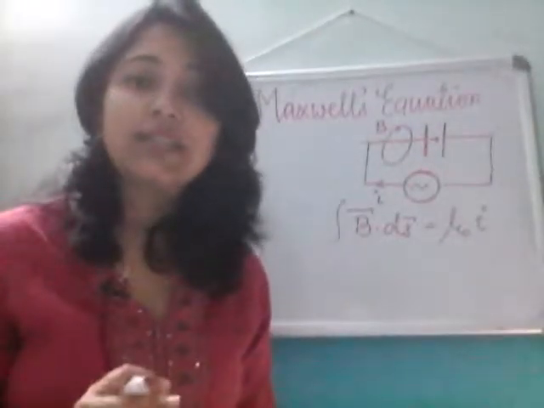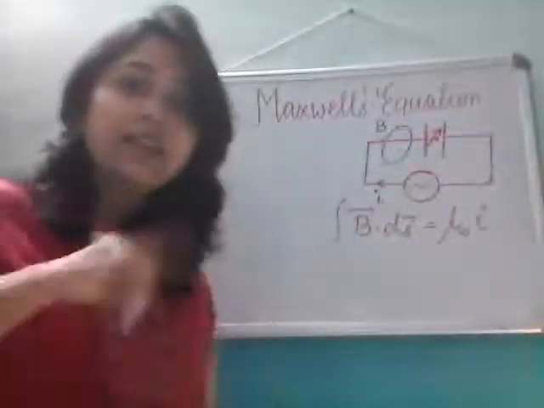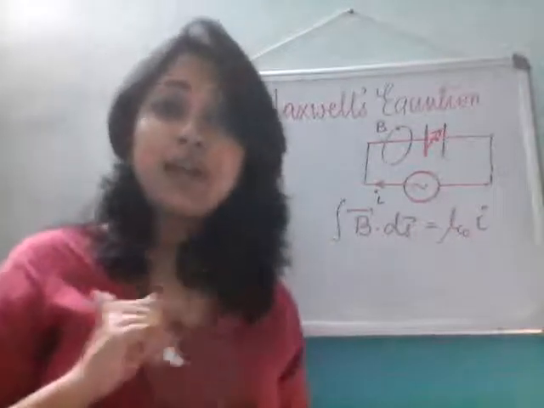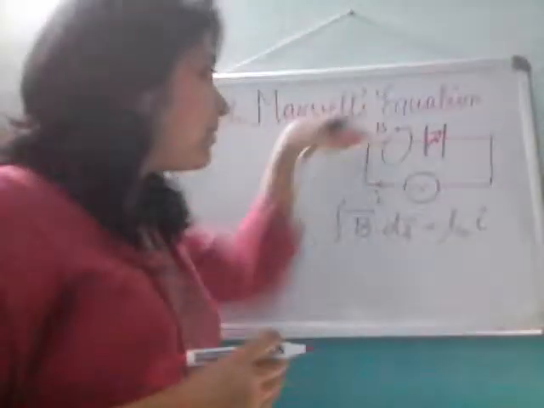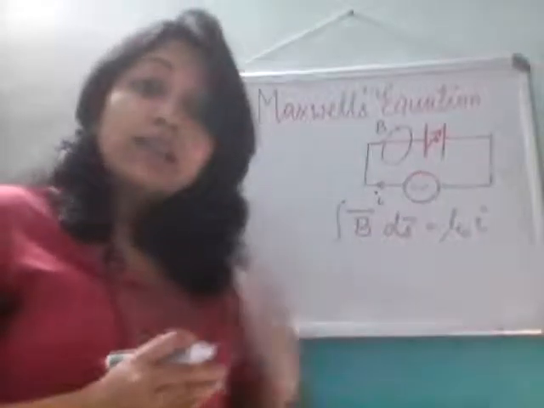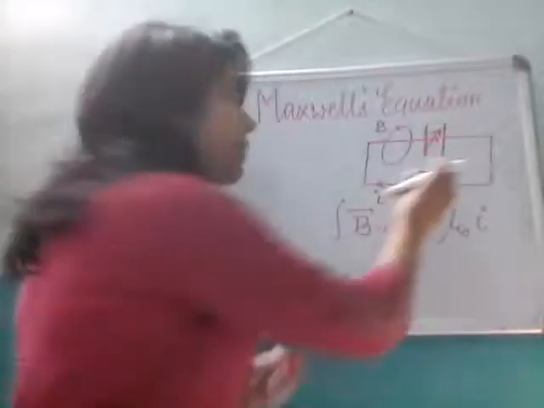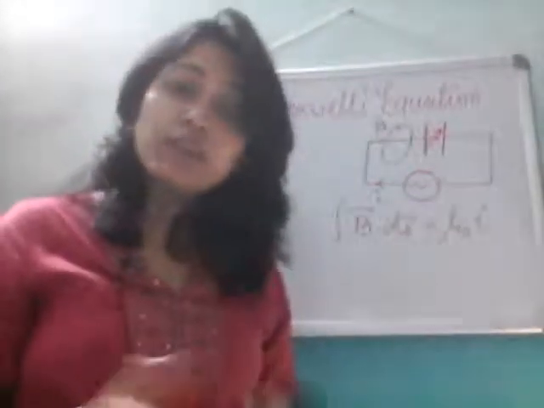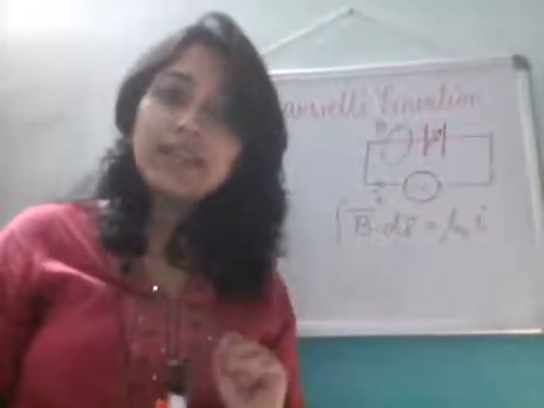Strangely, it was seen that it also showed some deflection. Try to understand what I just said. Not only along the wire is the magnetic needle deflecting. It was also deflecting somewhere within the capacitor, which means even though there was no flow of charge, magnetic field was still created.